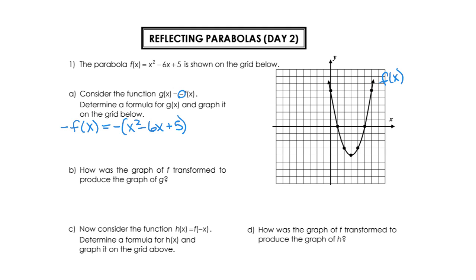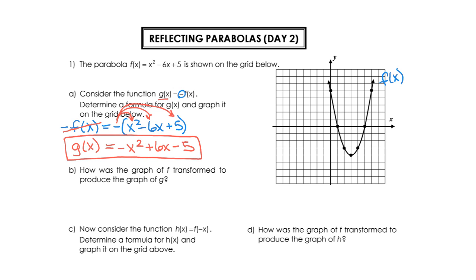This negative f of x, they want us to call it g of x, so we're going to turn that into g of x. And then we're going to take that negative and distribute it. So that's going to turn into a negative x squared, a positive 6x, and a negative 5. So we determined a formula, and now we're going to go ahead and graph it.